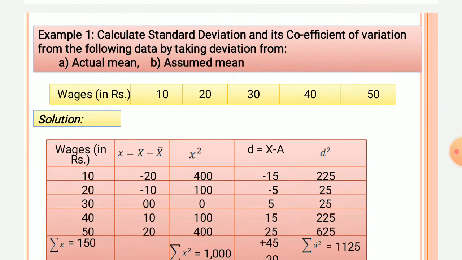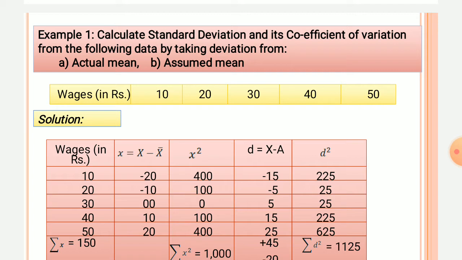Now, we can clearly understand this by solving the given example number one. Calculate standard deviation and its coefficient of variation from the following data by taking deviations from actual mean and assumed mean.